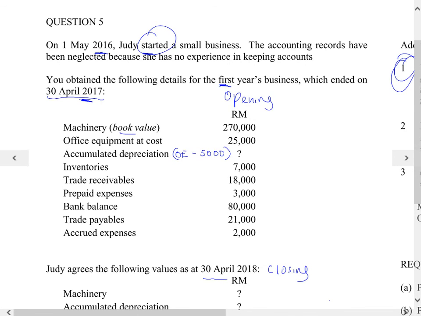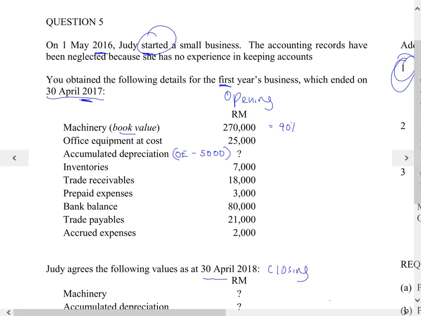This 270 is how many percent? 90%. Every year I depreciate 10, 10, 10, and this is my first year, I depreciate 10% only. Meaning my value here is only 90%. Can I find my original cost? So my original cost, can you find 300,000? $270,000 is after depreciation.